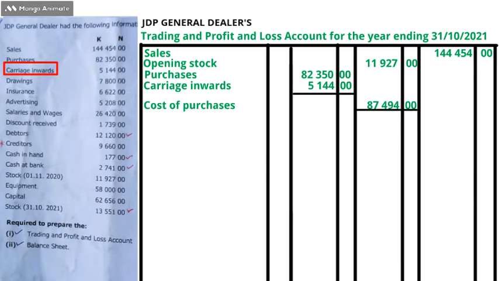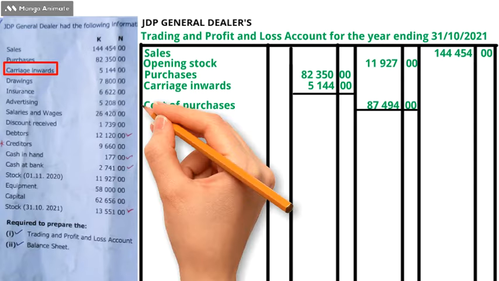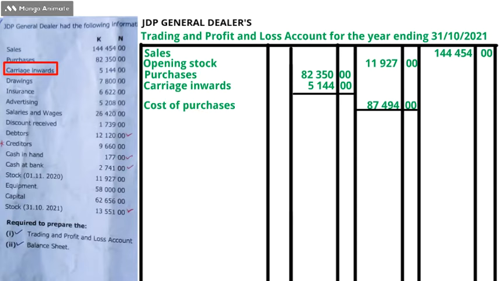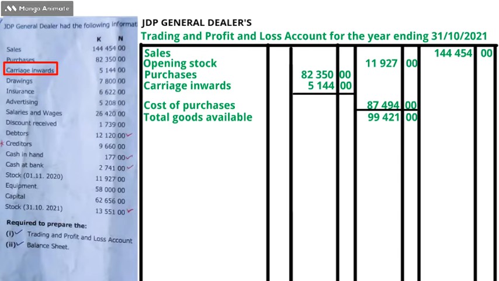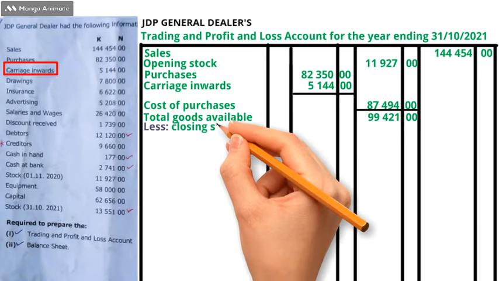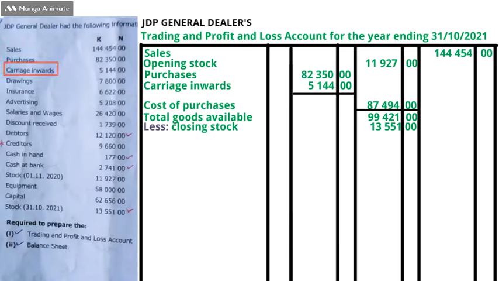Then when we put all those items together, we add 11,927 plus 87,494, which will give us 99,421. Once we have done that, we say less closing stock, because 99,421 is the total goods available.